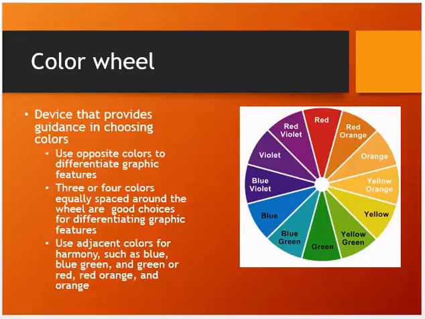I learned to both appreciate and loathe the color wheel. It's a good tool from a design standpoint to help you pick colors that are complementary. So you can use colors that are on opposite sides of the color wheel to differentiate between graphic features.